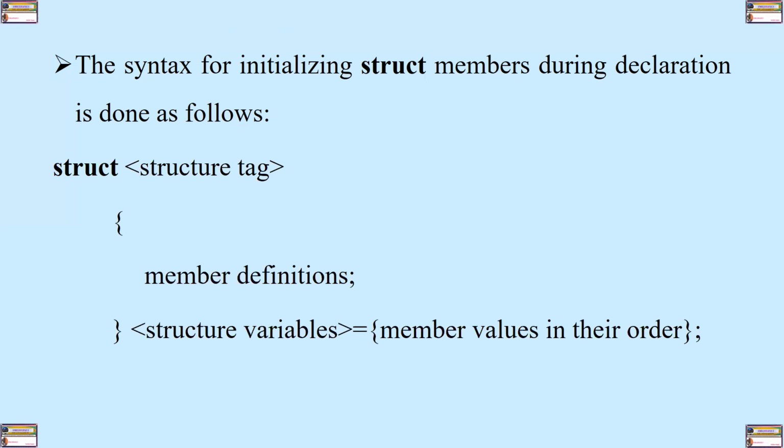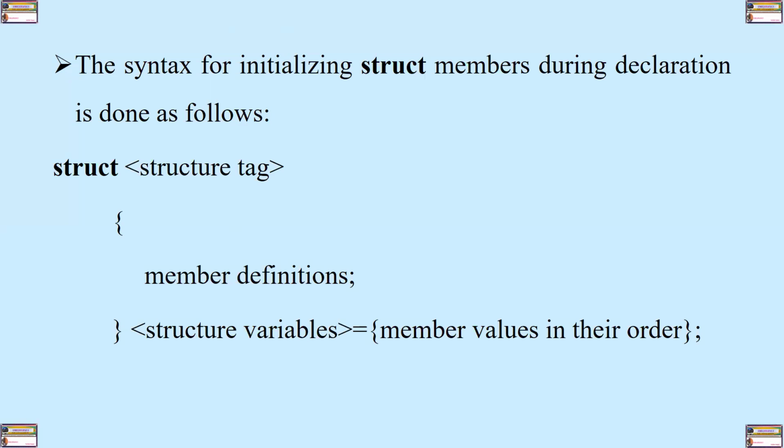It is in that structure variable that you assign, enter, or store values. So if, for example, your structure tag is student scores, but the structure variable is student1, it is now in student1 where we assign the values.